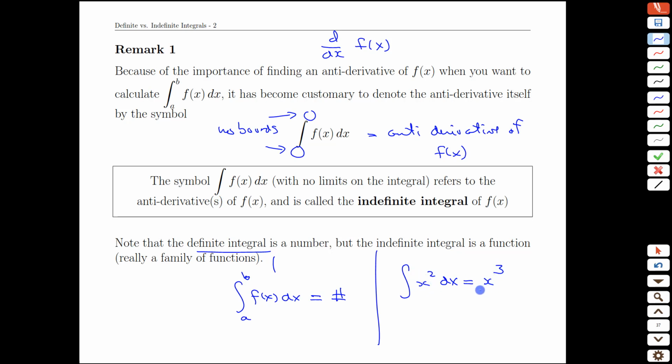That would be, in this case, adding 1 to the power, dividing by the new power, potentially adding a constant. This is a function. So the kind of answers you get back from definite integrals, where we get a value, versus indefinite integrals, where we're just interested in the antiderivative function itself, should look quite different at the point where you stop doing your calculations.